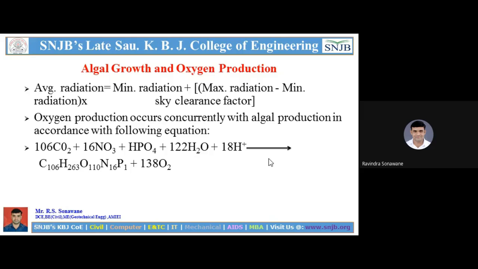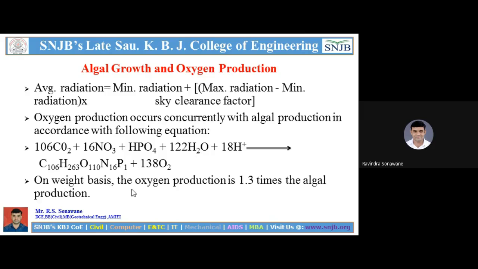The carbon atom is 106, hydrogen 263, oxygen 110, nitrogen 16, and phosphorus 1, and 130 is the oxygen generated through the algal process or algal production.